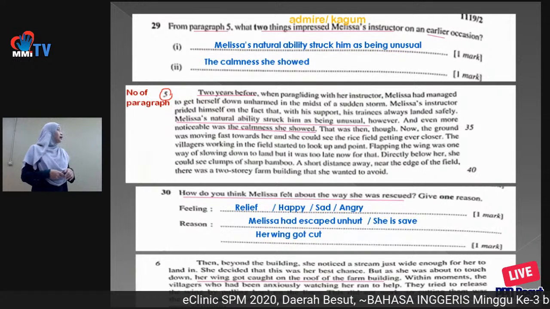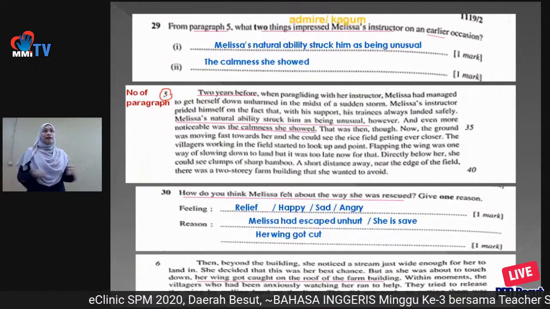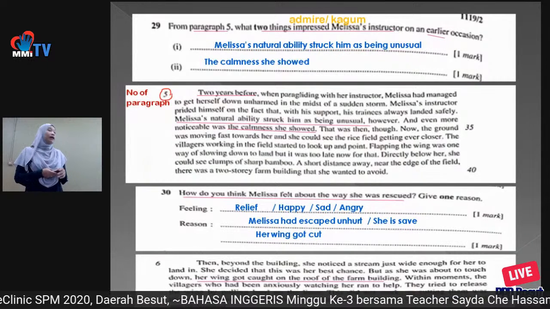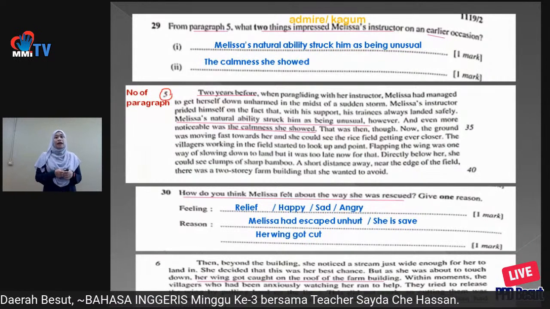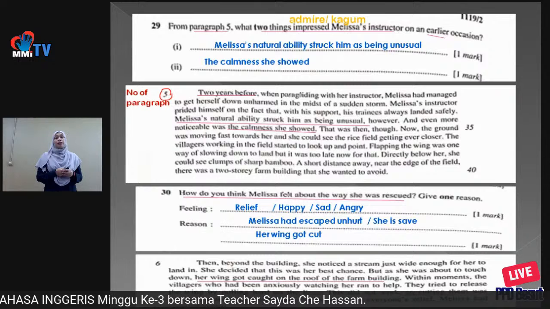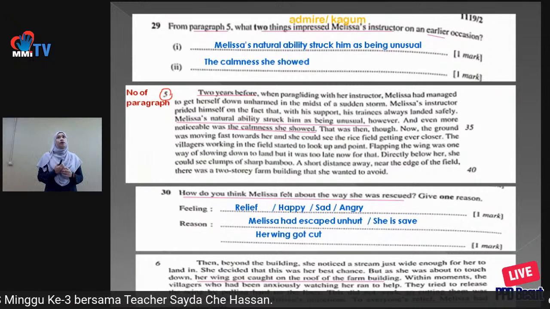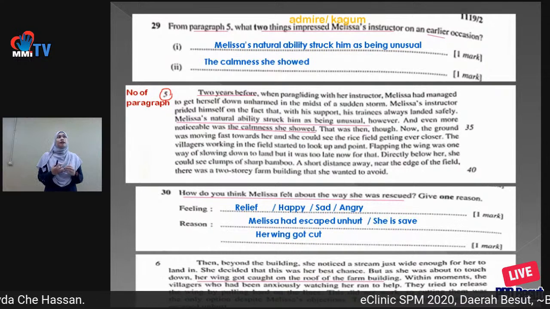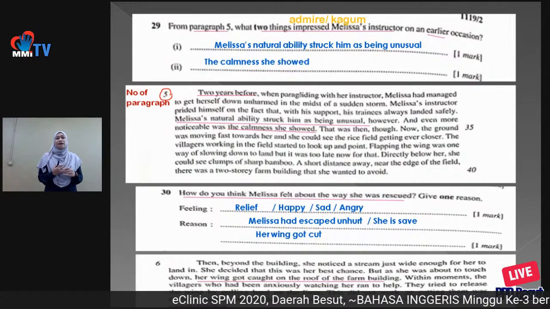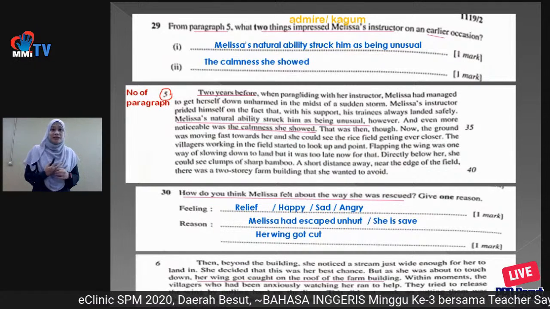Okay, it can be any reason, but then okay, yang paling senang sekali happy lah. Happy she is safe. Okay, we don't want to make things complicated. Okay, for some student dia suka nak complicate benda-benda yang sebenarnya it's a simple kan. You want the marks je.